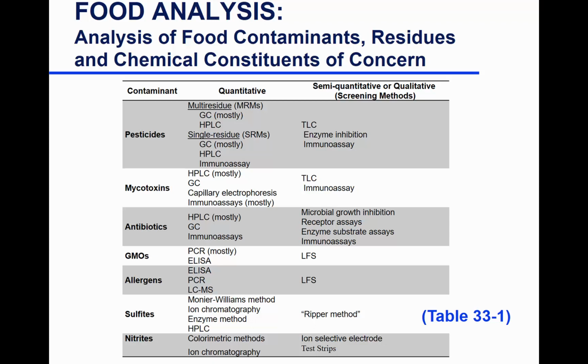Most common is Monier-Williams. We'll talk about that method. This is a method to remember. This is the most common method for sulfite. And then nitrite, it's a colorimetric method, or we can do ion chromatography. Qualitative, we can do ion selective electrode or test strips for nitrites and nitrates.